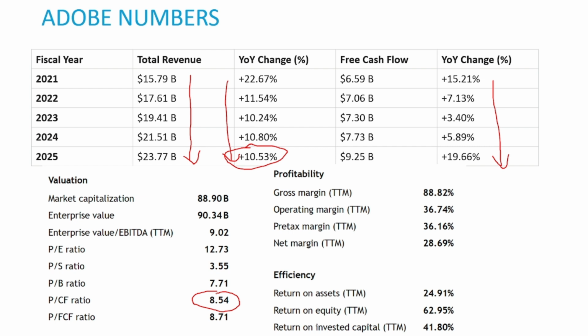So here's a company with a gross margin of 88%, a return on invested capital of 41%, trading at a 10 times multiple. According to me, this is a great value, and that's why I converted my stock from 40 shares to controlling 92 shares right now.